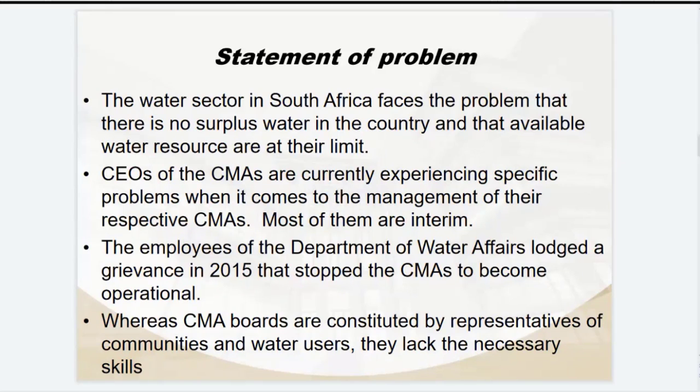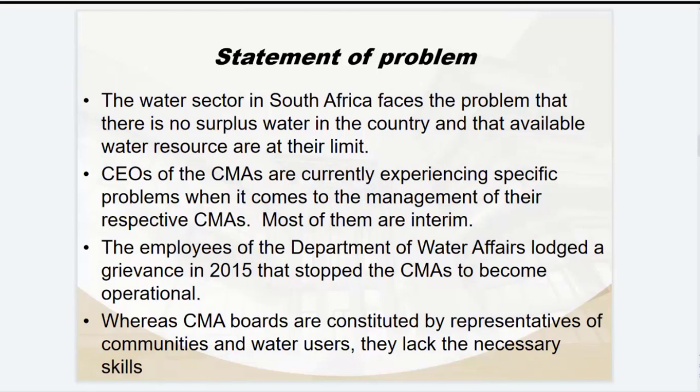The employees of the Department of Water and Sanitation lodged a grievance in 2015 that stopped the CMAs from becoming operational. In other words, the background is that we don't have all catchment management agencies established in the country. But the country intended by that time to establish 9 of them. And at the time of writing the proposal and executing the project, there were only 2 catchment management agencies established.